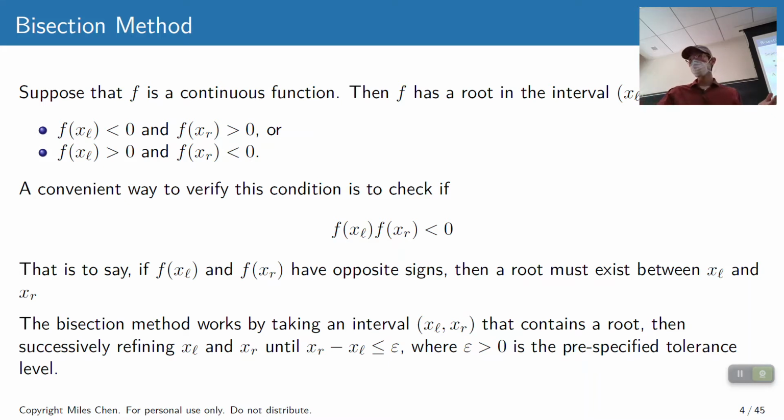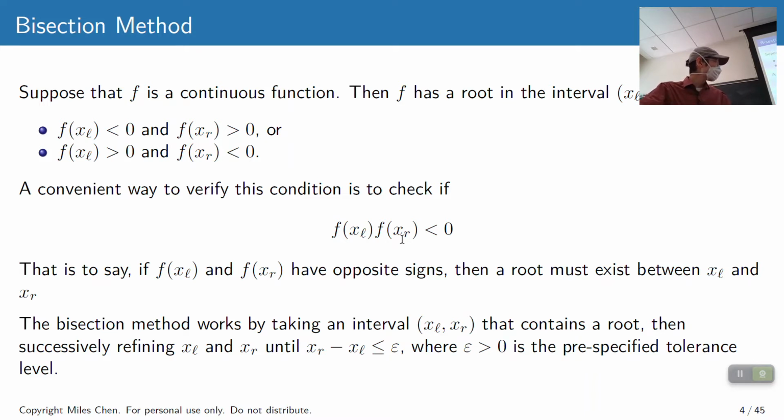There might be multiple roots, but there has to be at least one. So if f on the left-hand side times f on the right-hand side, the product, is less than 0, meaning one side is negative and one side is positive, they have opposite signs, and there has to be a root somewhere in there.